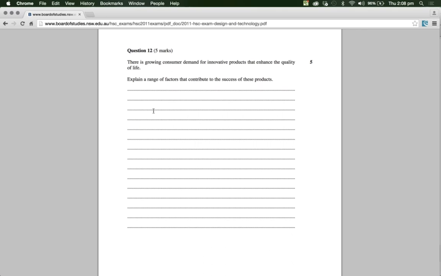What about those things? Explain them. What are they? How are they impacting on success of an innovation? I was just going to say how it makes sense. Yeah, that's what you have to answer. What are the qualities of a trend that affects the success of these products?